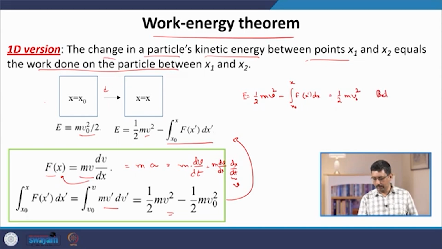So this quantity remains invariant between 2 points. This is formally called the work energy theorem in 1D. In the next lecture we are going to discuss conservative forces and the generalization to 3D.